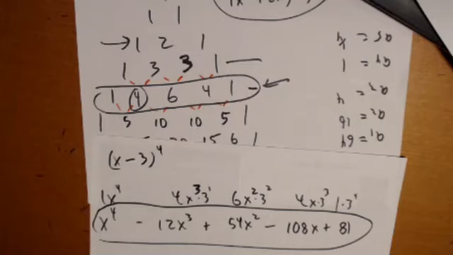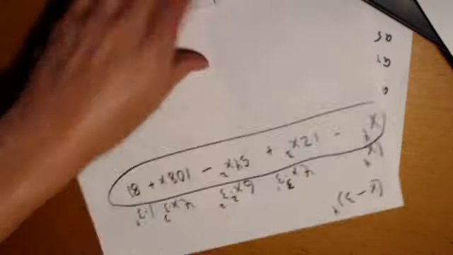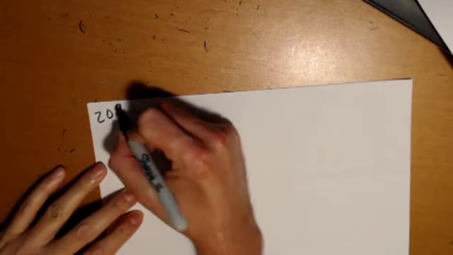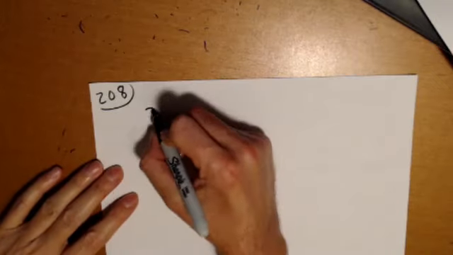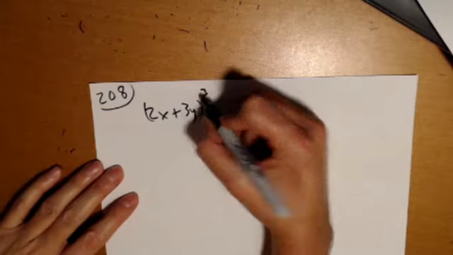Let's try one from the book. Do they give us anything complicado? I will jump straight to 208. I'll do 208 and you'll totally get it. 2x plus 3y to the third.